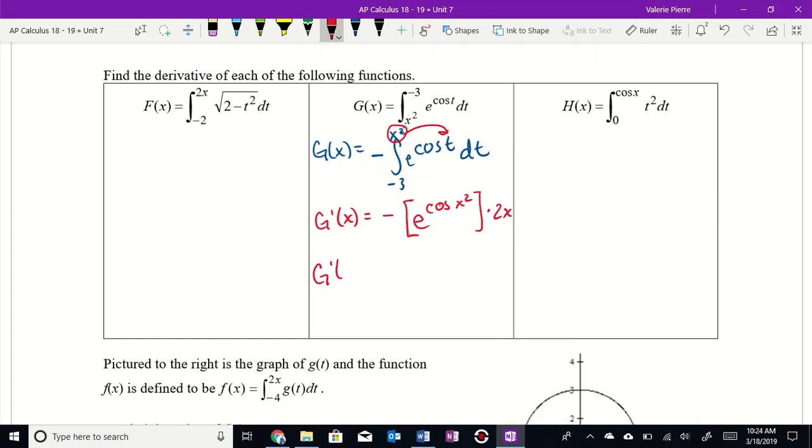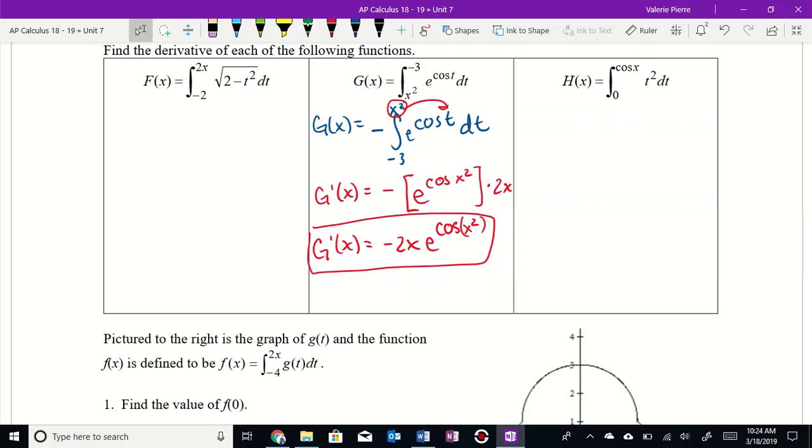So g prime of x is equal to negative 2x e to the cosine x squared. Okay, so you're responsible for f of x and h of x in writing their derivatives.